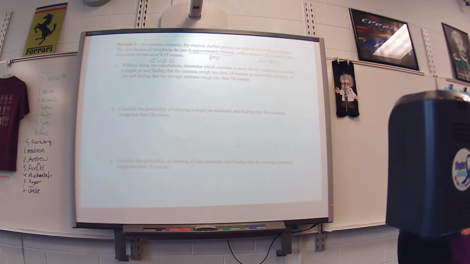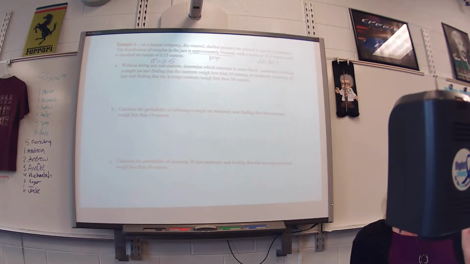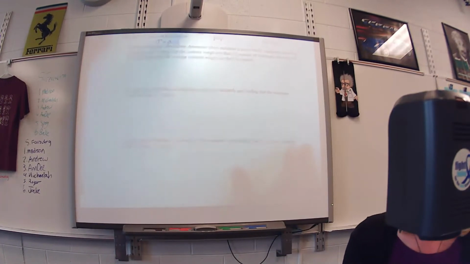So which is more likely, getting one jar that's way underfilled or 10 jars that are on average underfilled? The first one. Because if you think about it mathematically, on the 10 jars, you will end up dividing by the square root of 10 for your n size, and dividing by that is going to give you a smaller variation. Now, we can also prove it mathematically.